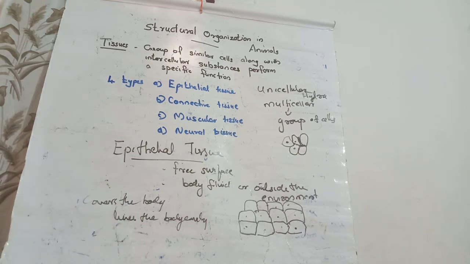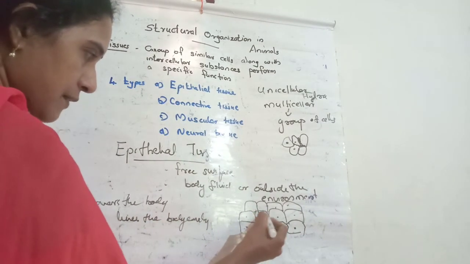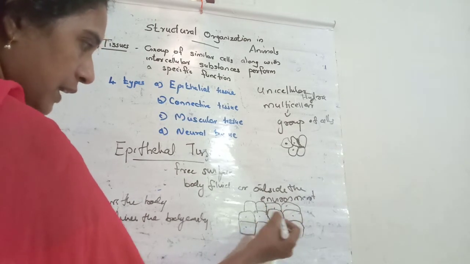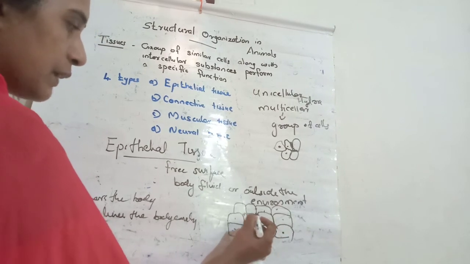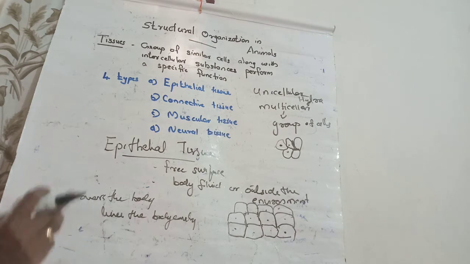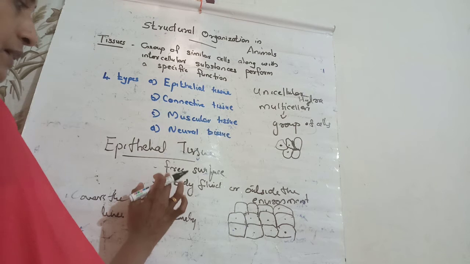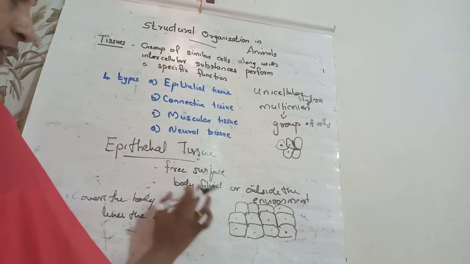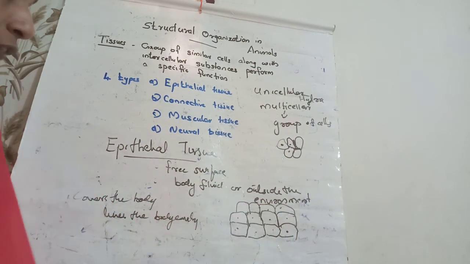And what is the other special feature? They are compactly arranged, with intracellular substances between the cells. So the first point: epithelial tissue has a free surface, which faces the body fluid or the outside environment.